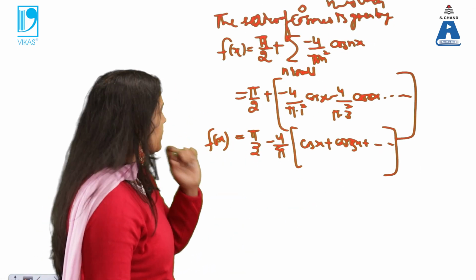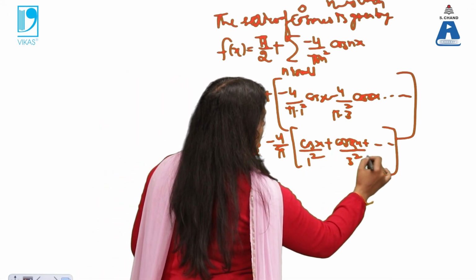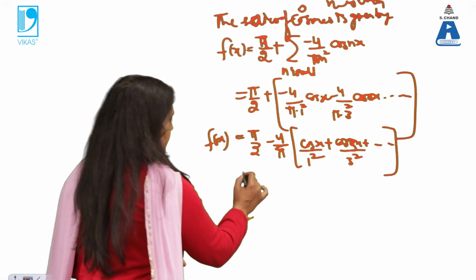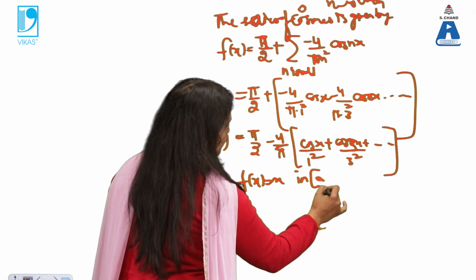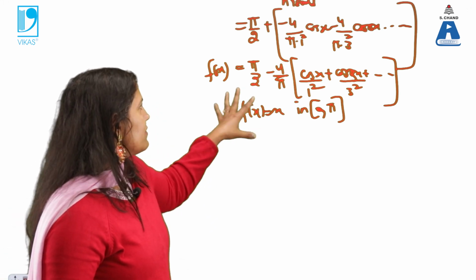Now if you see, this is 1 square, this is 3 square, and the next term will follow, if the question was f(x) equal to this in the interval given. The importance of half range Fourier series you will see now.